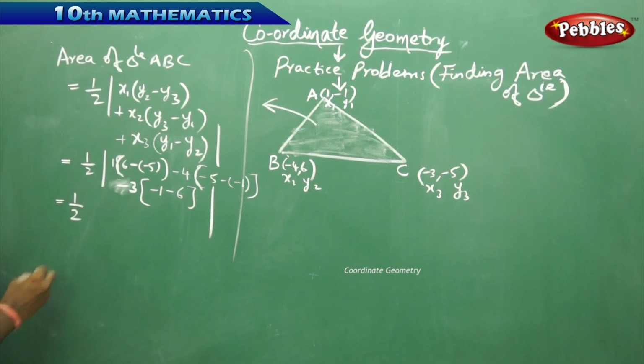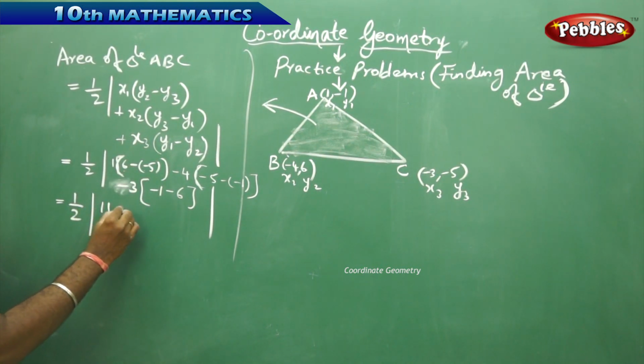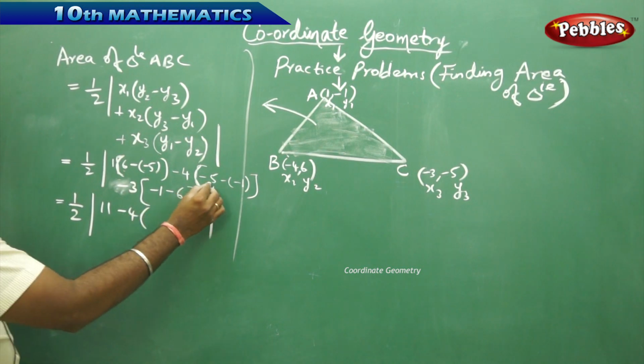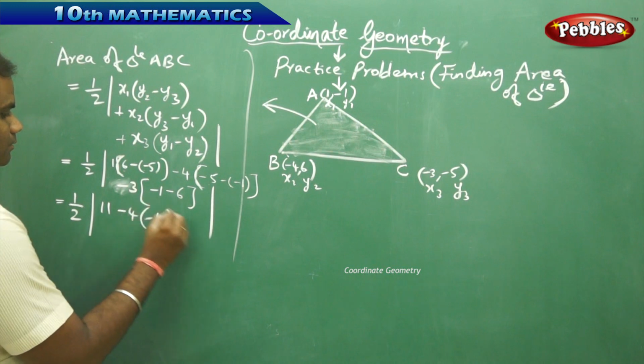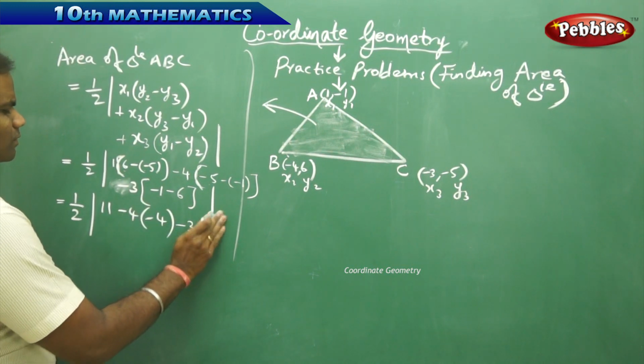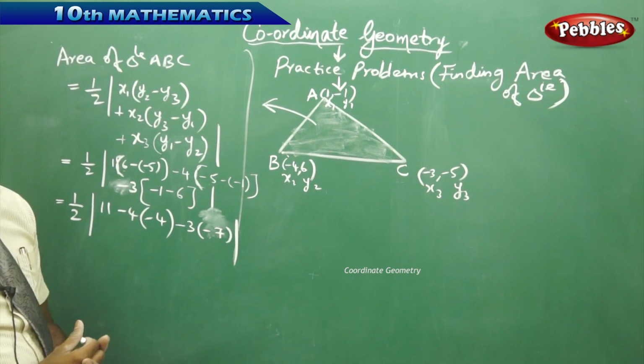This, on further simplification, gives half mod 6 plus 5 is 11, and -4 times -5 plus 1 is -4, and then -3 times -7 is what I get in modulus.